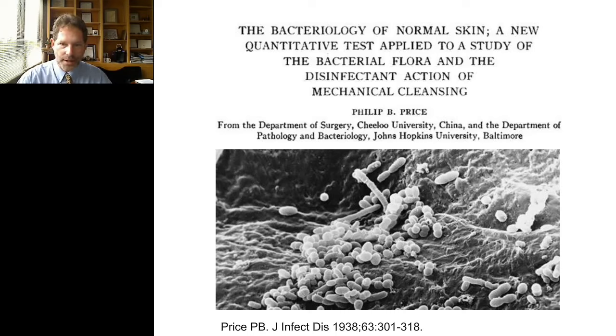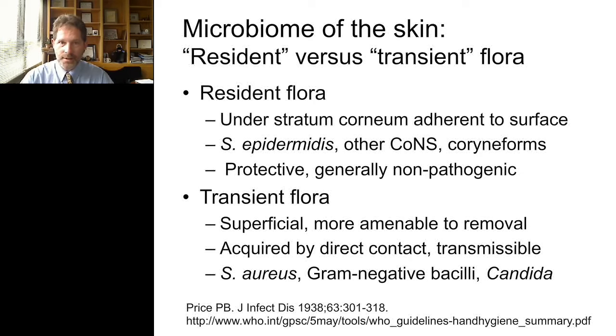And the reason I show this paper is because the concept in this paper is one that I still use when I think about the skin microbiome, and that is I divide the flora, the microbiota of the skin, into so-called resident flora and transient flora. By resident flora, we mean those organisms that are present all the time.